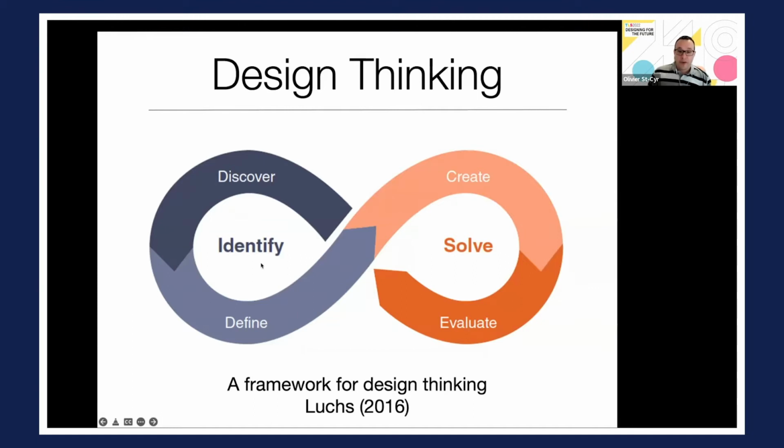You have to define it, create it, and evaluate some of your creativity. So it's the process of converging and diverging that I talked about yesterday. And hopefully you experienced that yesterday, in the first exercise that we did in the opening plenary.